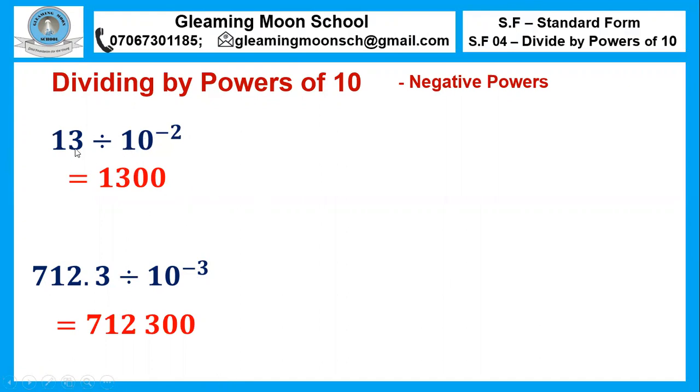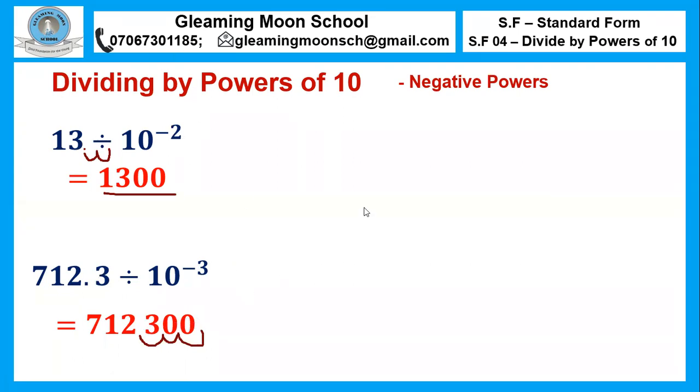You can see that here the decimal point was after 3 and the power is 2, and we moved it 2 times to the right, 1, 2, and put 0 placeholders there to get this answer. And here the decimal point was there and we moved it 3 times to the right, 1, 2, 3, and for these 2 parts, we filled them in with 0 placeholders.